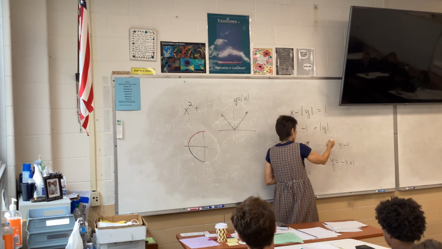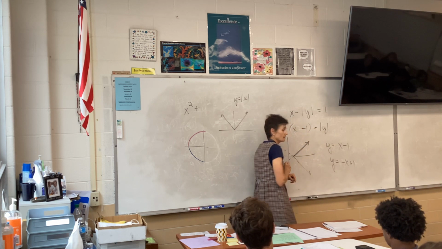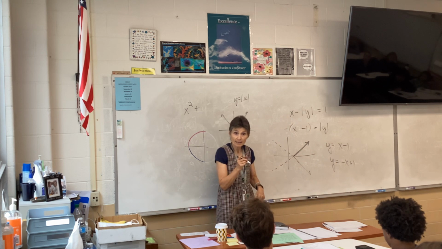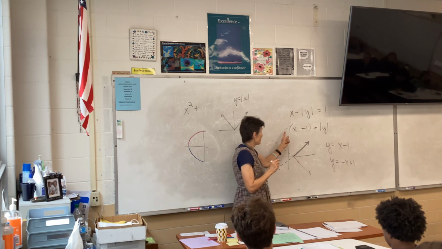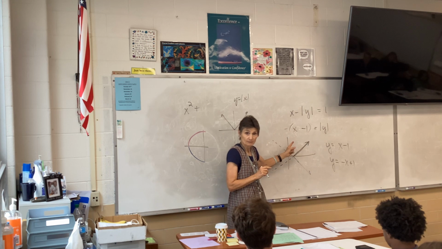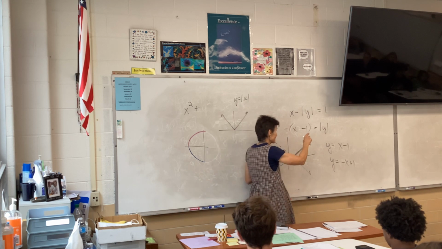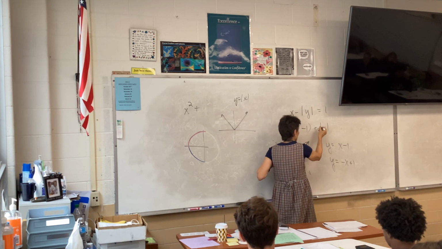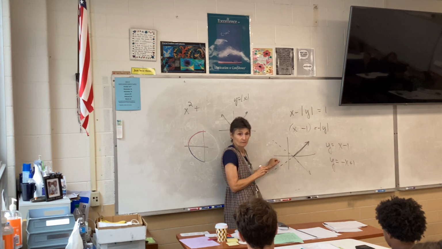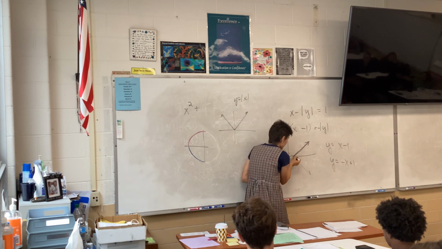Now, when you did this, you said, okay, now I'm gonna let this be negative. Now y is still gonna be positive, but I can move the negative over here if I want. And that's this branch right here.